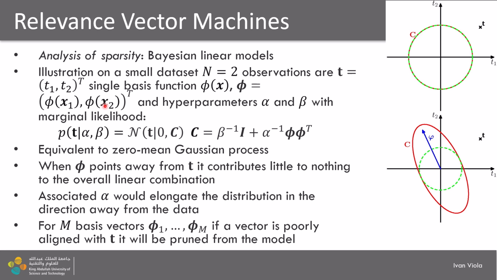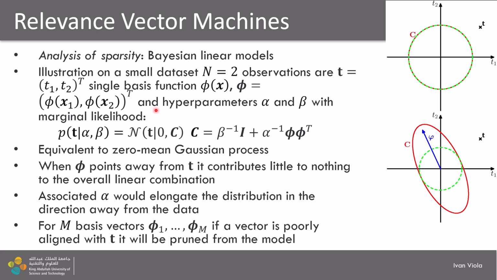Please note that if we look at the design matrix, these are the columns. So when we are reducing our model, we are essentially removing columns from our design matrix. For each column, we have one basis function. If the basis function doesn't contribute sufficiently to the model, it will be pruned. Now we will see what this looks like geometrically.